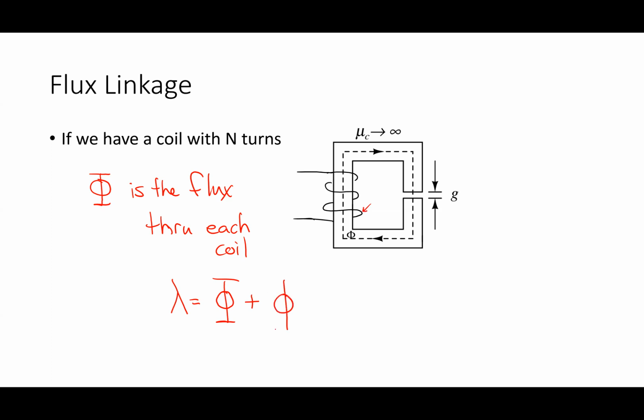Phi also goes through the second coil, and it goes through the third coil, all the way up until I get to the Nth coil. If I've got N coils, what does this become? N times phi. At first, it always seems kind of weird that we define that.